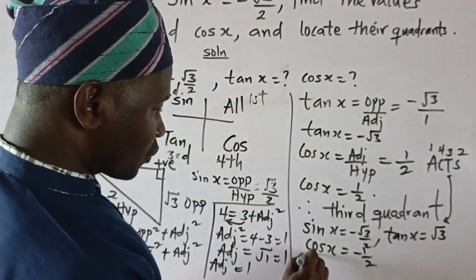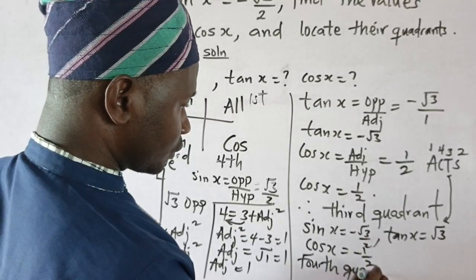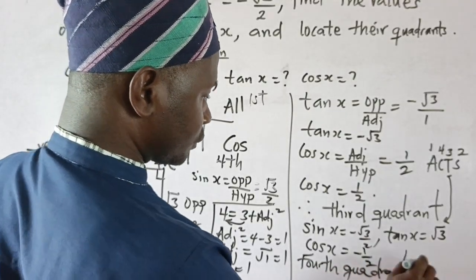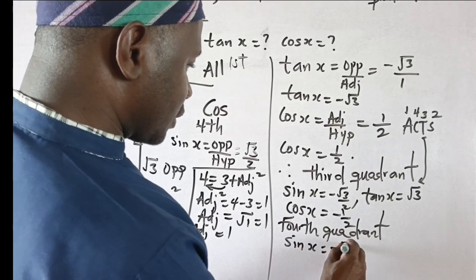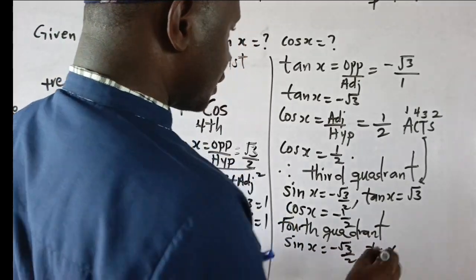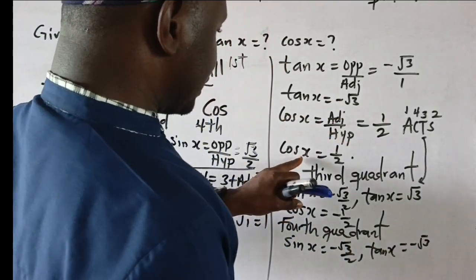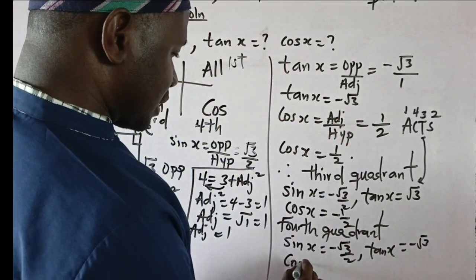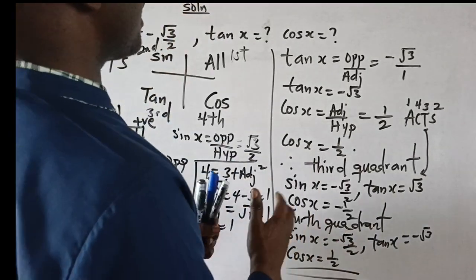Now, the fourth quadrant, sin x remains minus root 3 divided by 2. Tan x equals minus root 3 and cos x equals 1 over 2. So this is the final answer.